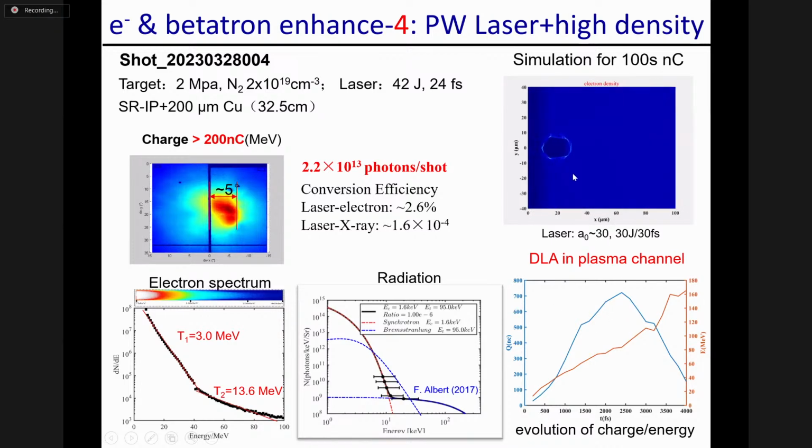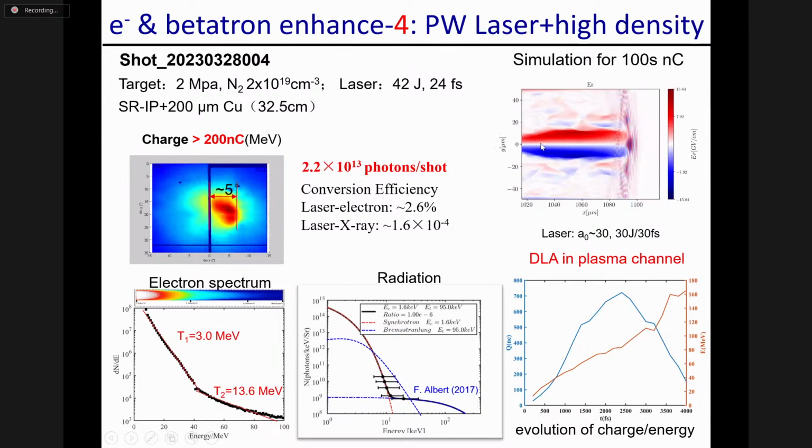In our case, we believe the DLA mechanism is really stimulated, and the plasma shows a kind of channel situation, and this channel has a huge self-generated electromagnetic magnetic field. So this is evidence of the DLA, the direct laser acceleration. Okay, so it's quite high level.